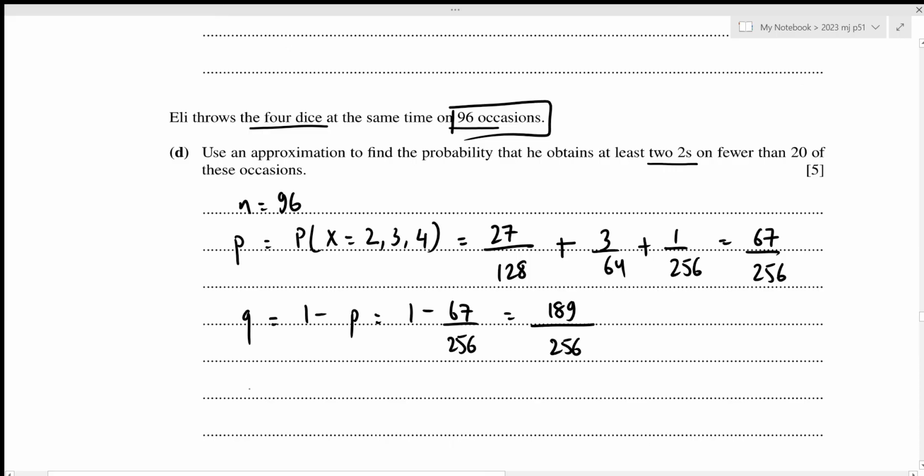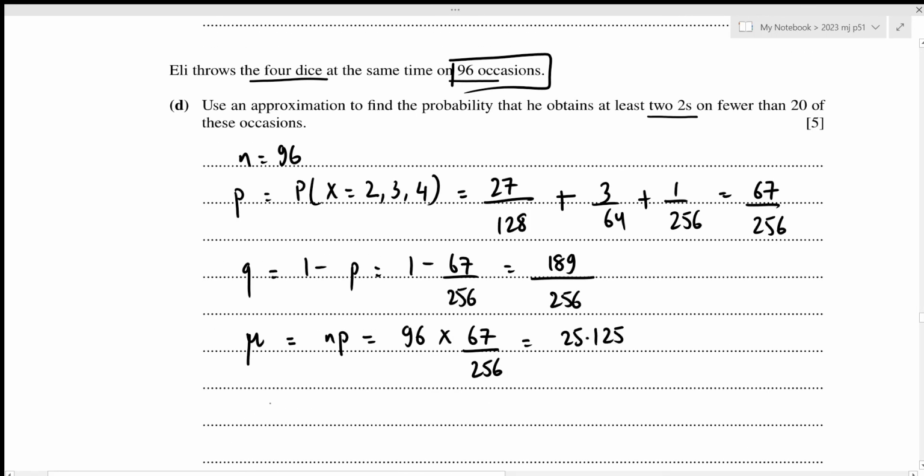Now we're approximating it to a normal distribution, right? So for the normal distribution, the mean should be equal to the mean of our binomial distribution. And the formula for the mean of the binomial distribution is NP. So in this case it will be 96 times 67 by 256, which results in 25.125.